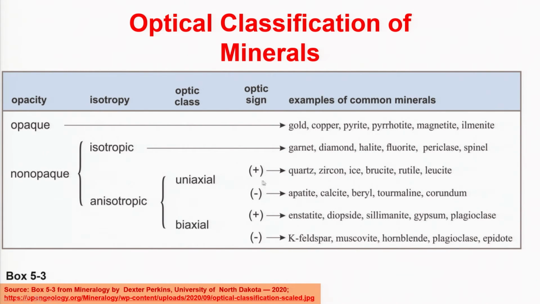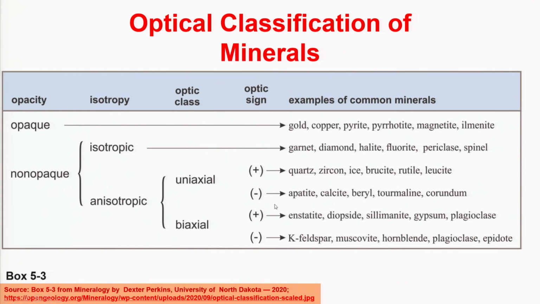So, for uniaxial minerals with positive optic sign, the best example is quartz, which we always use, along with other uniaxial positive minerals, the examples are zircon and rutile, and there are other examples mentioned here.